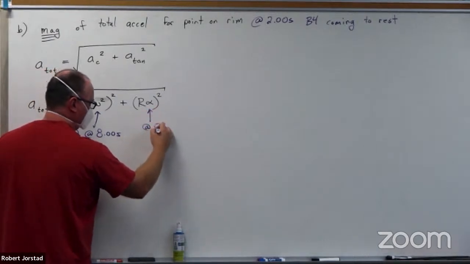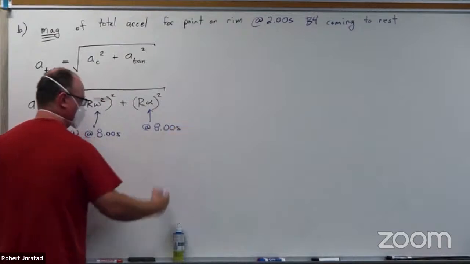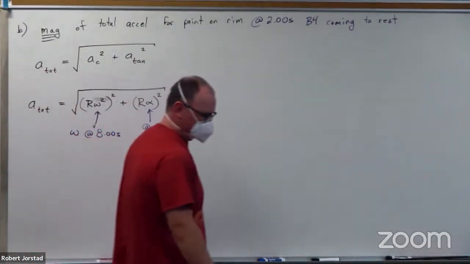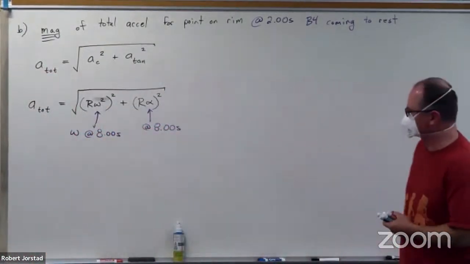But wait a minute, is alpha a constant or not? In this problem, did we make the assumption that alpha was constant? Yeah, so there we don't have to worry. So how can I get omega at 8 seconds? Any ideas?